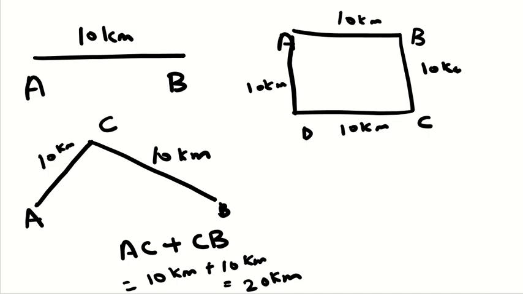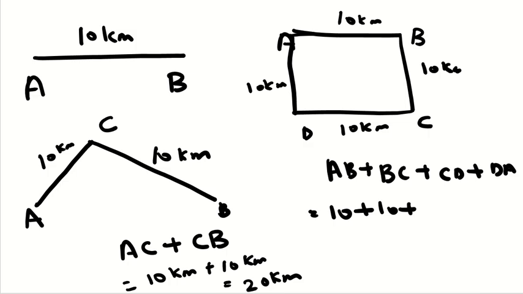So here the path taken was: first he went from A to B, then from B to C, then from C to D, and then from D to A. So the total distance traveled was 10 plus 10 plus 10 plus 10, that means 40 kilometer. I have taken this example specifically to tell you that the most important thing here is that it doesn't depend upon the final destination.